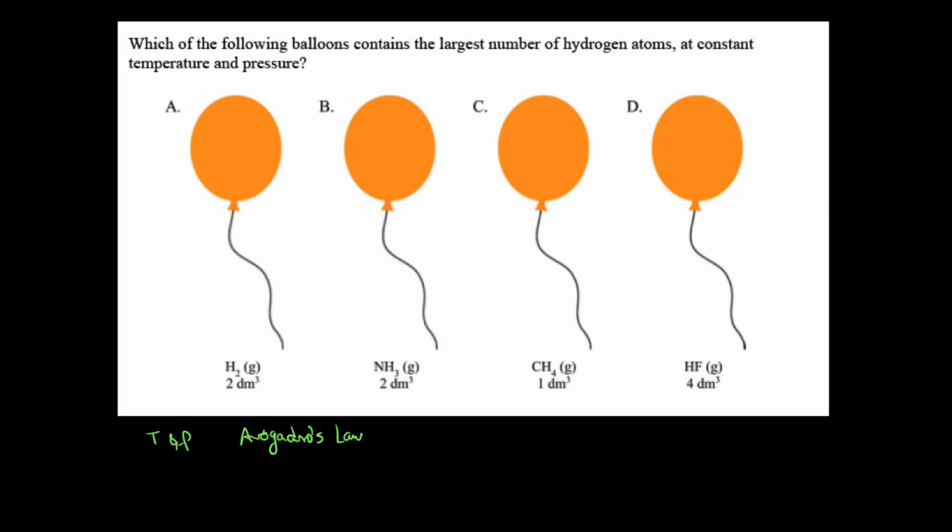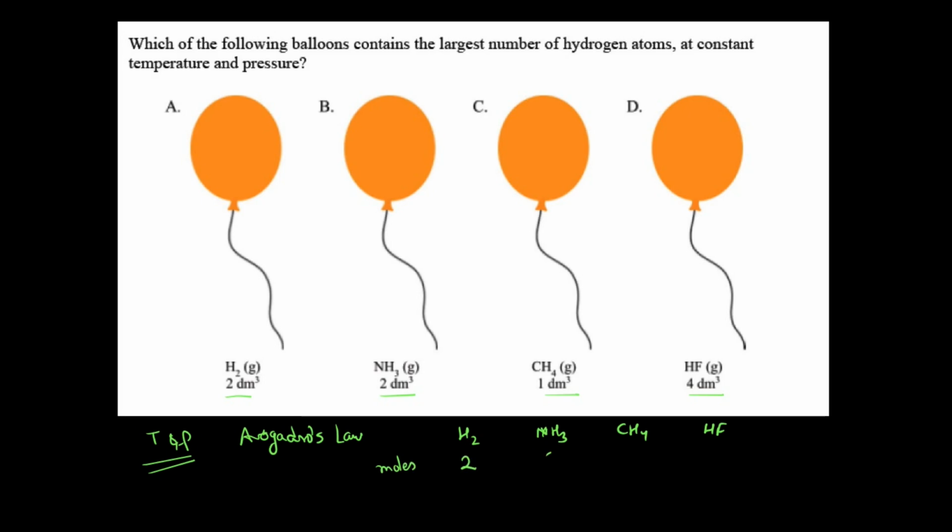Avogadro's law states that at constant temperature and pressure, equal volumes of all gases contain equal number of molecules or moles. So here the volumes are given, so the ratio of the volumes will be same as the ratio of the moles. So I can say this is my hydrogen, ammonia, methane, and hydrogen fluoride. So the ratio of the moles will be same as the ratio of the volume.